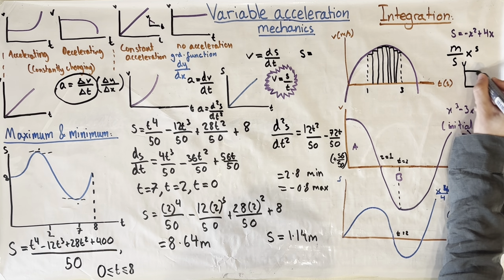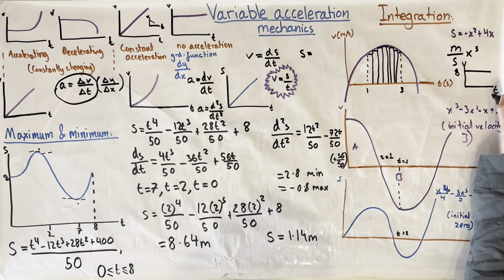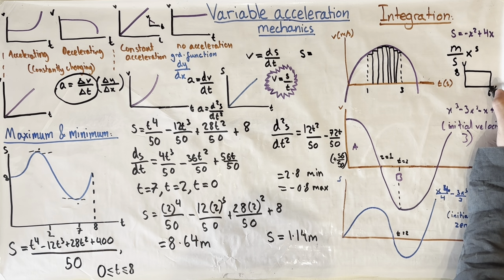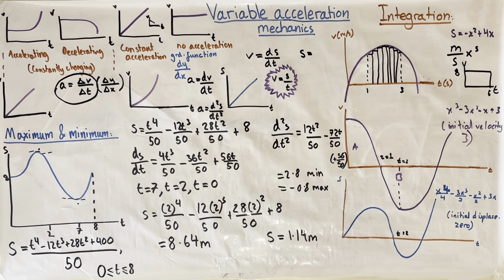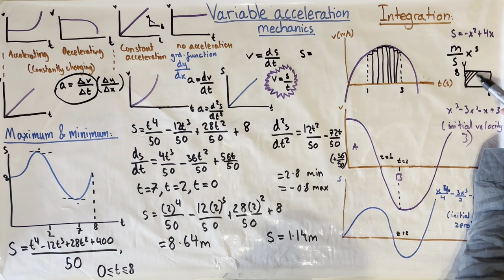If we have a constant velocity going at 8 meters per second for 6 seconds, we know that speed equals distance over time, so we can do velocity times the time, which would be 8 times 6, or from the graph we can see that's just finding the area of the graph, 8 times 6.